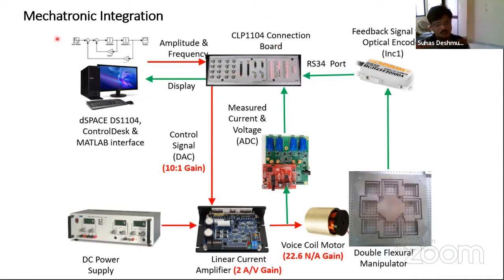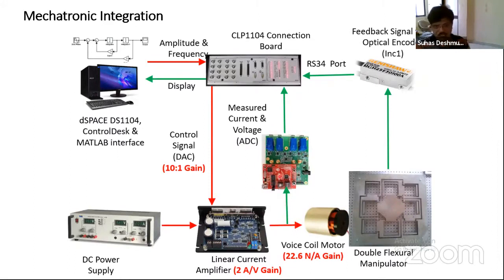There will be a PC used to either control or monitor this entire setup. There are voice coil actuators which generate the motion for this mechanism. And the current and voltage going into the coil are measured by the voltage and current measuring devices.